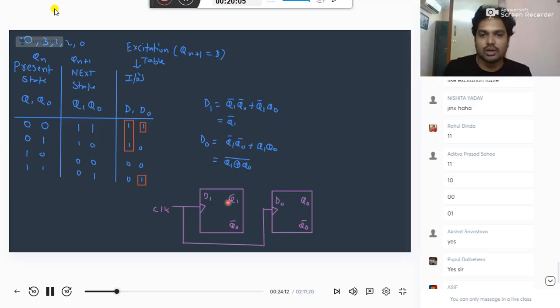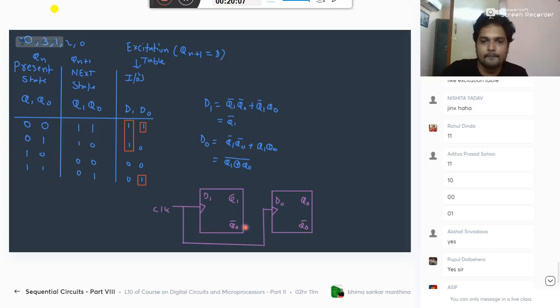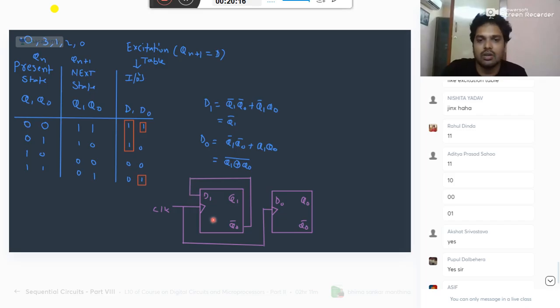It is Q1 bar. Next, what about your D0? It is the XNOR operation of Q0 and Q1.